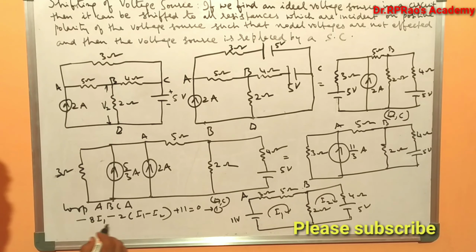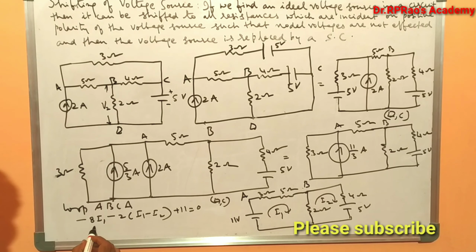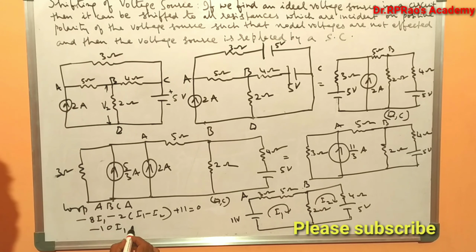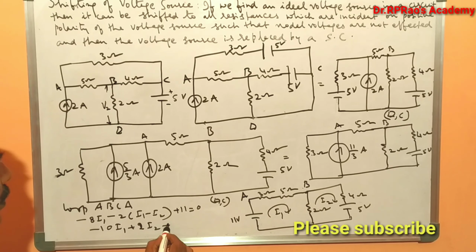Let us simplify this and treat this as the first equation. So minus 8I1 minus 2I1, it will become minus 10I1 plus 2I2 plus 11 is equal to 0.